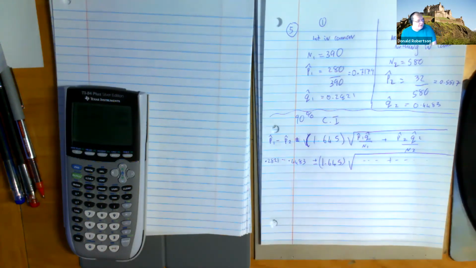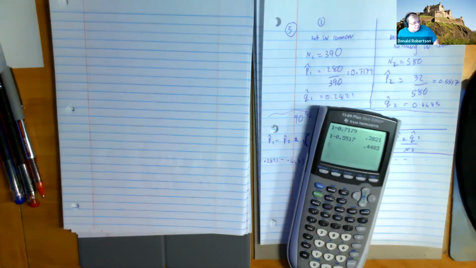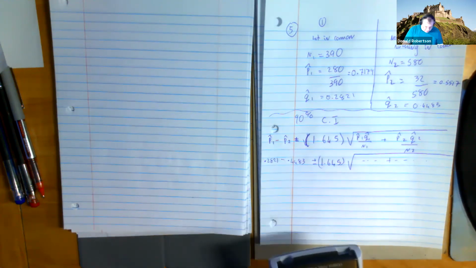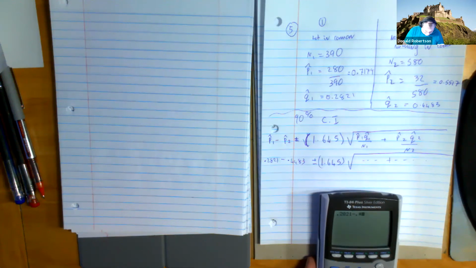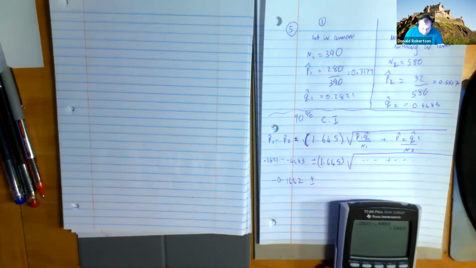Because I'm not sure what the benefit is to writing all those decimals, because won't it be done in a calculator any moment now anyway? So if you take 0.7179 and you subtract 0.5517 from it, you get 0.1662, give or take.